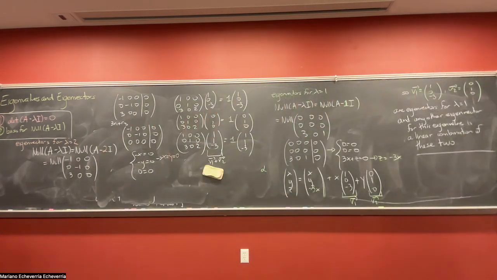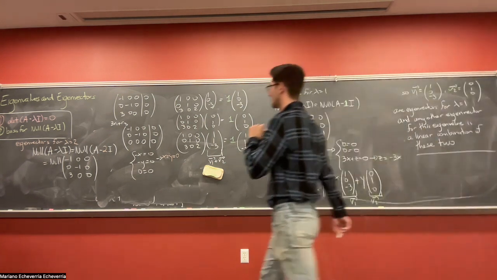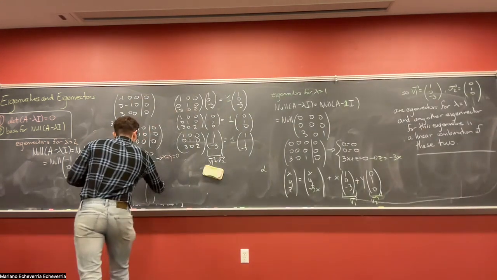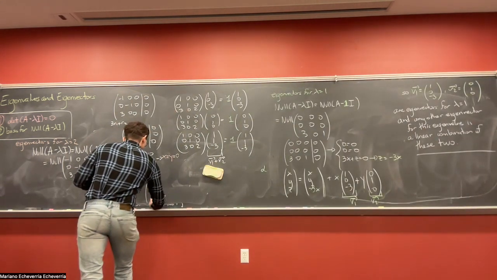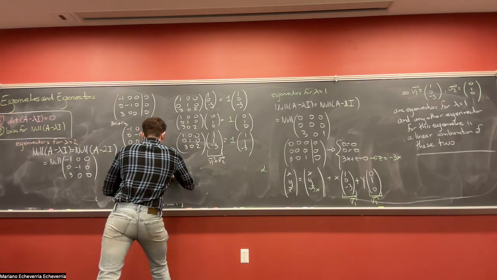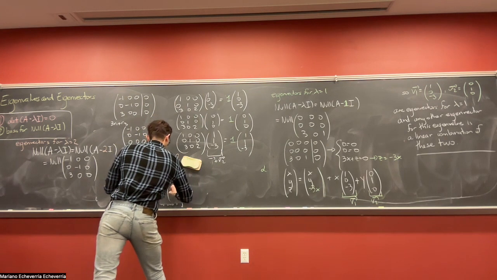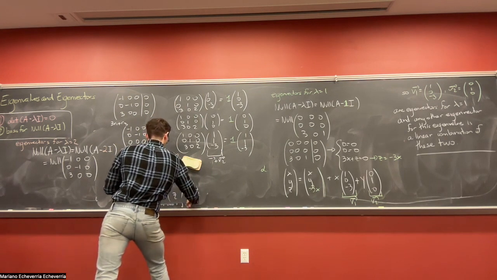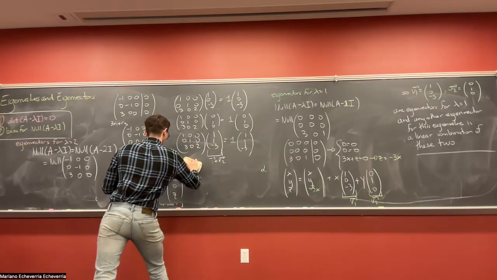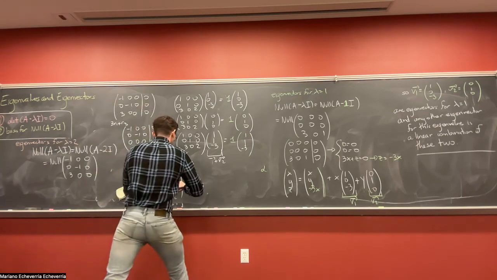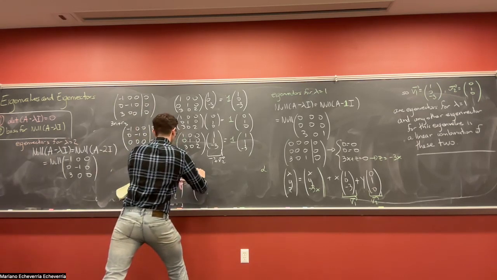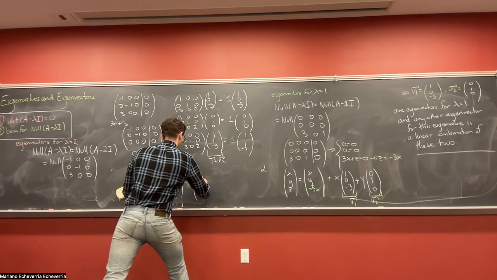Right. So if you take any vector x, y, z that's in the null space, you know that you're forcing the first two entries to be 0. So any vector in the null space is a multiple of 0, 0, 1.